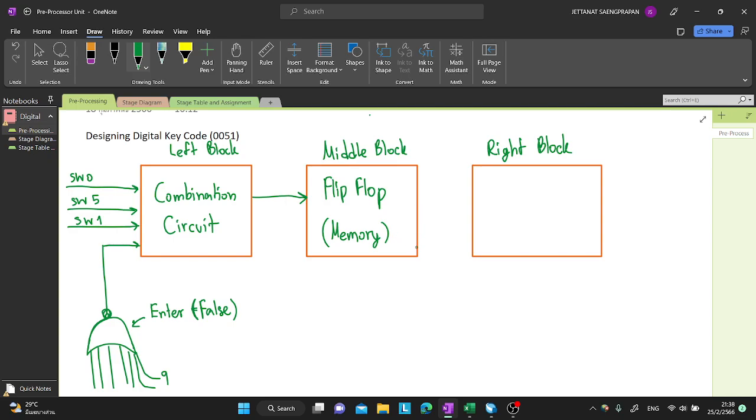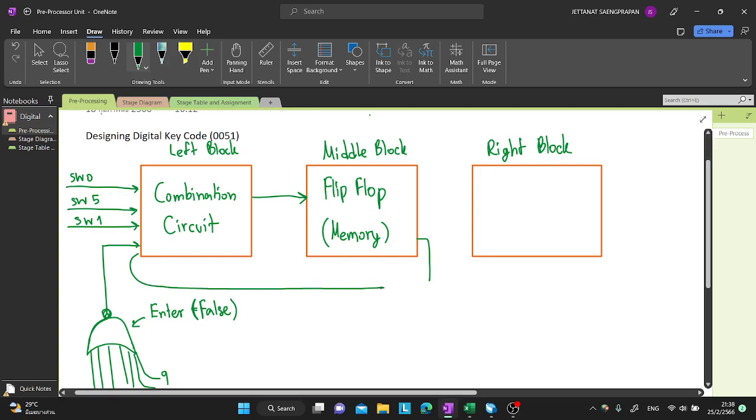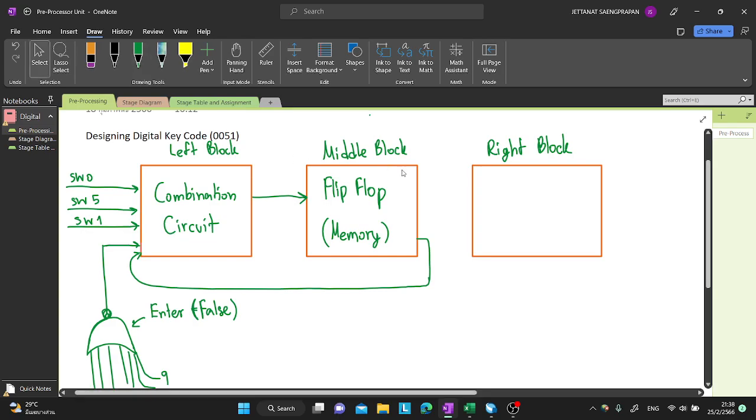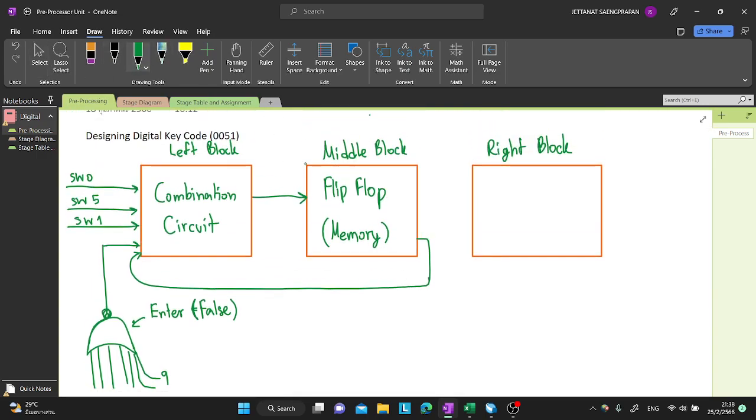When the flip-flop works, it loops back to the left block to wait for the next digit that I press. The middle block always needs a clock signal, because a flip-flop cannot work without it.